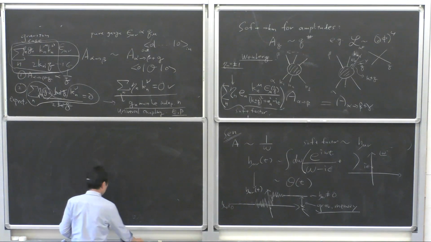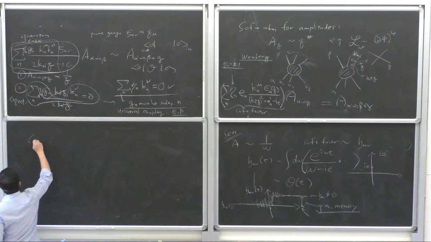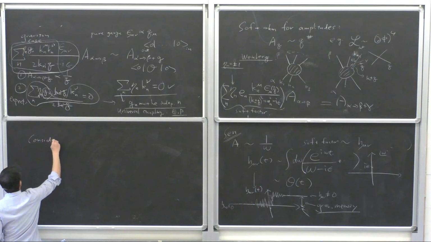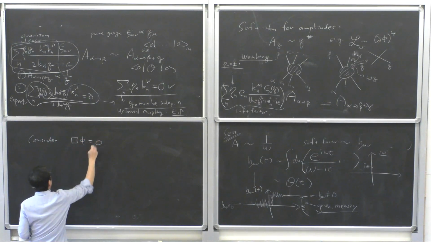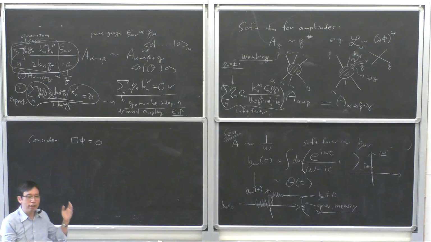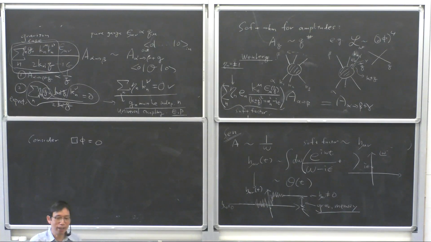So consider this. Again, I use phi a lot. This phi is just some other scalar field that lives now in a Schwarzschild background.